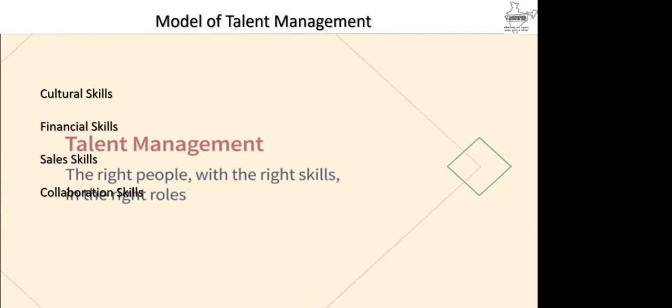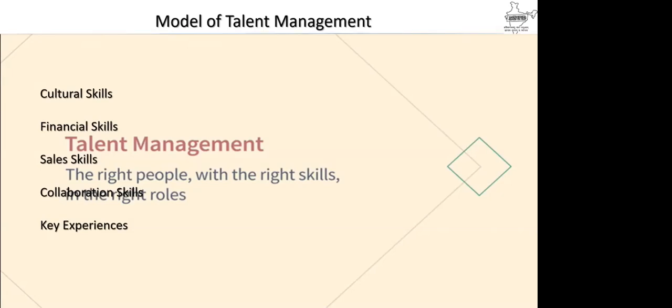So how does one collaborate when the situation is such? These are very important. And of course, different people have different experiences, and how does the organization leverage those experiences? These are very important things to look out for when you're doing your talent planning.